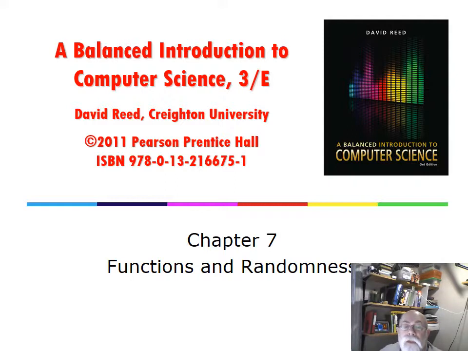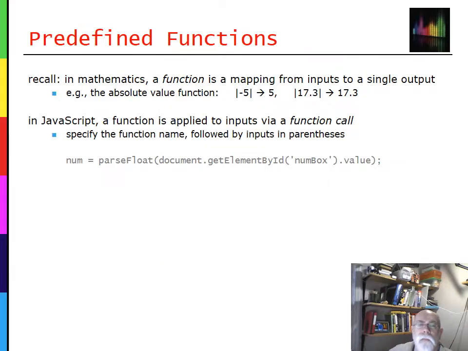This is Chapter 7, Functions and Randomness. You've been using functions without knowing it. When you did the parseFloat value, changing it from a string to a number, into a variable, in this case the variable was named num, you actually were using a function.